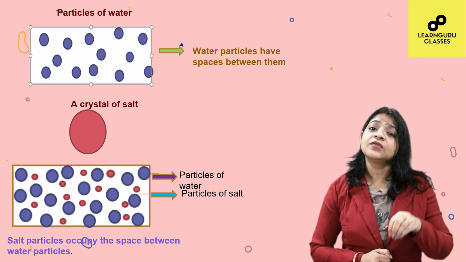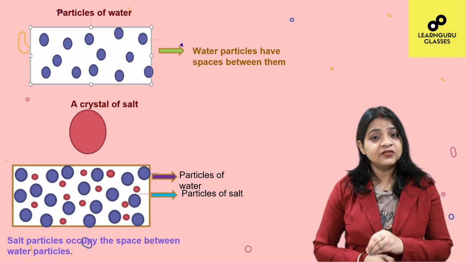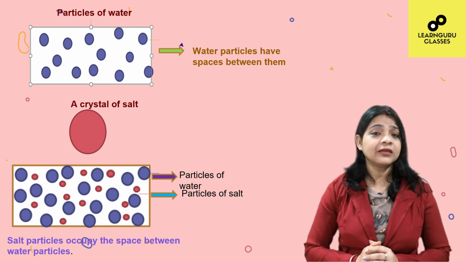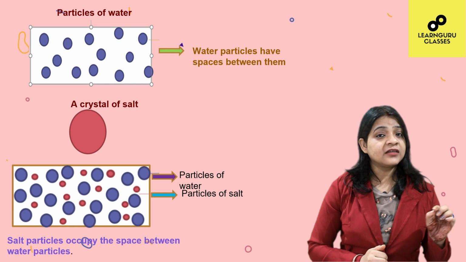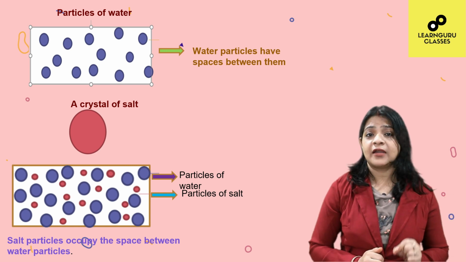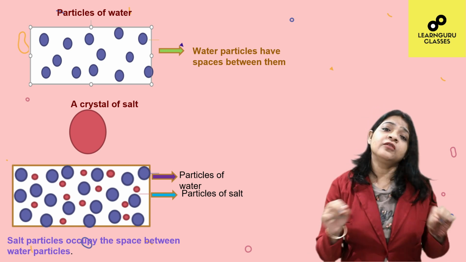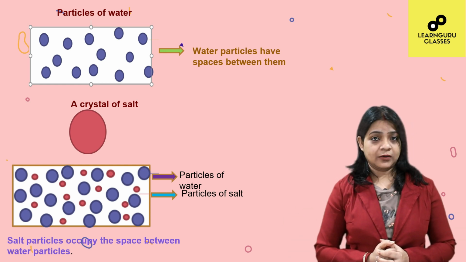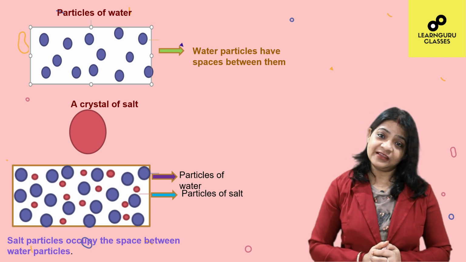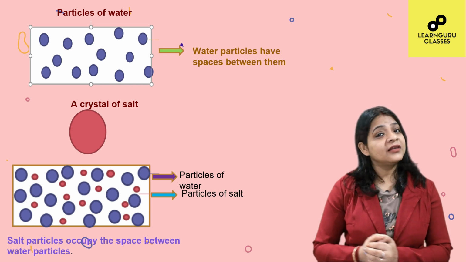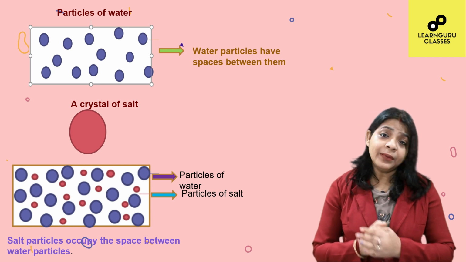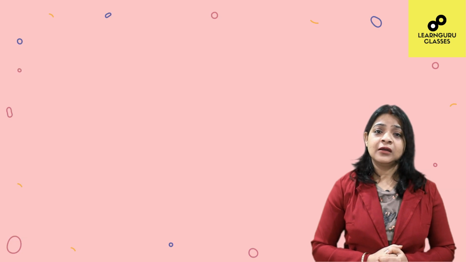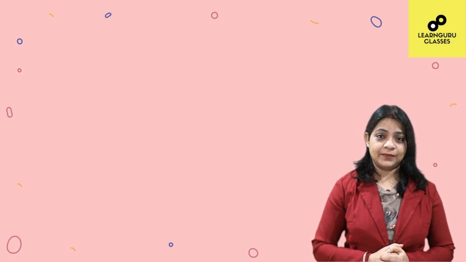So when this single crystal of salt is added to water, it breaks into several small particles of salt that is represented by small red balls, and this absolutely fits into the spaces between the water particles, and thus we can say that salt completely dissolves in water, completely disappears in water, and thus the level of water does not rise.